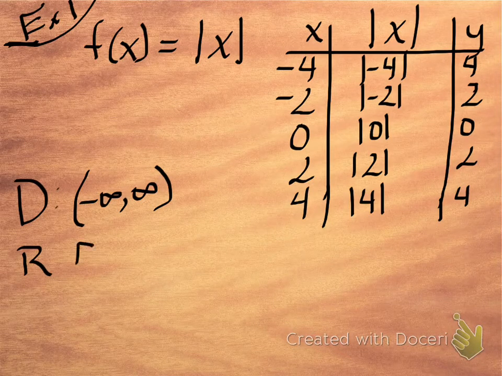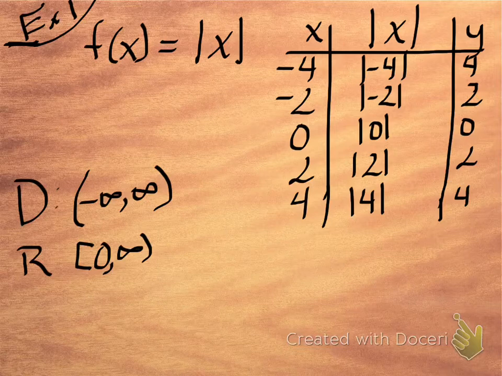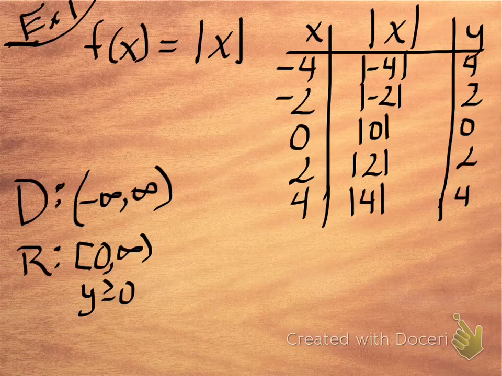So my lowest value for y is 0, and I go until +infinity. If we wrote it in inequality format, that would be y is greater than or equal to 0, but writing it in interval notation is that first one. We're going to be writing our domain and range often in interval notation.